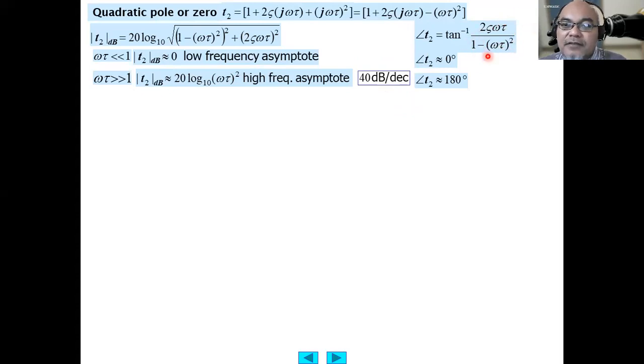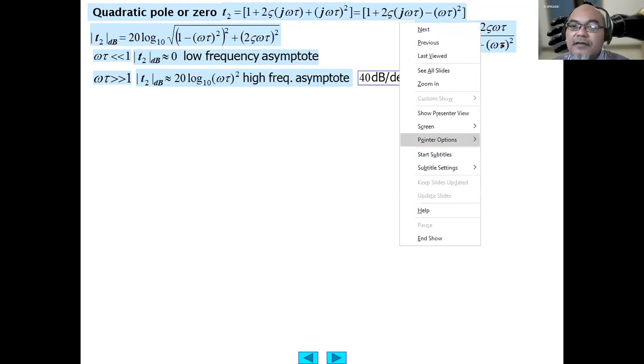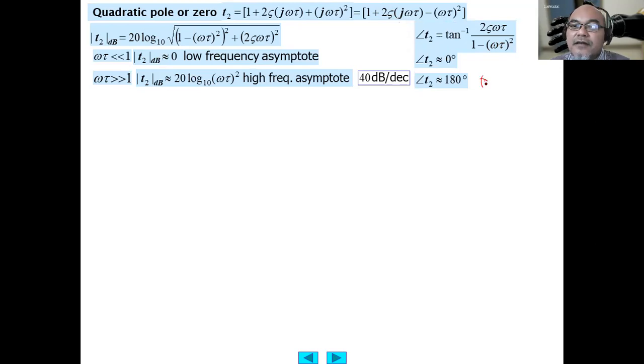So omega tau cancels, leaving arctangent of 2 zeta over minus omega tau.